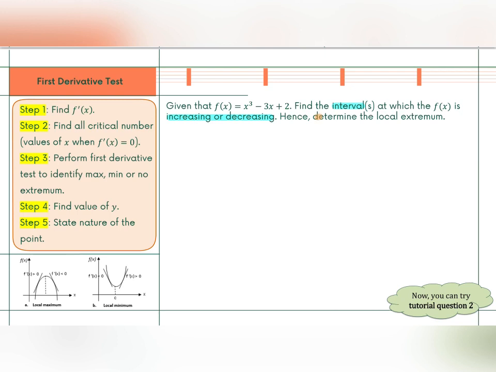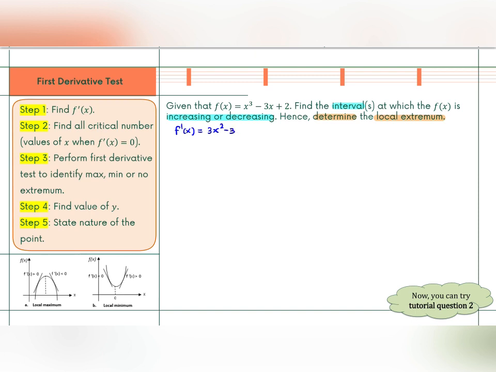Next, determine the local extremum. So, let's find out first the derivative. First derivative. So, f prime x will be equals to 3x squared minus 3.